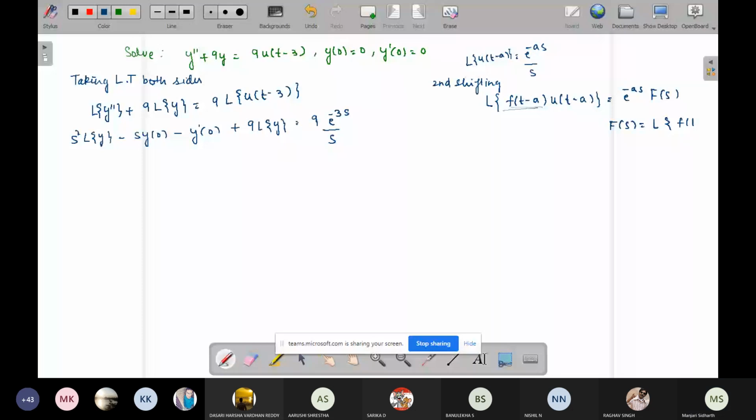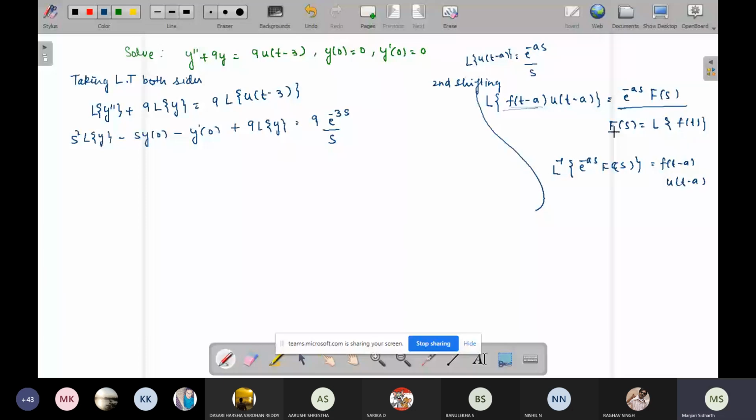In the same manner we can define the inverse Laplace transform: L inverse of this, you'll always get f of t minus a and u of t minus a, where f of t is this.